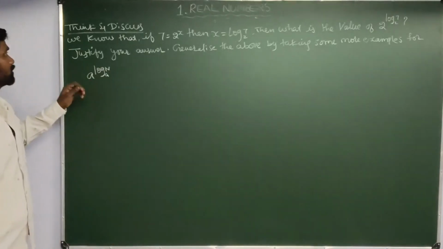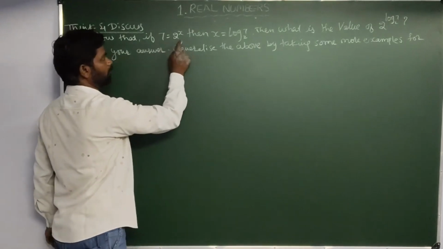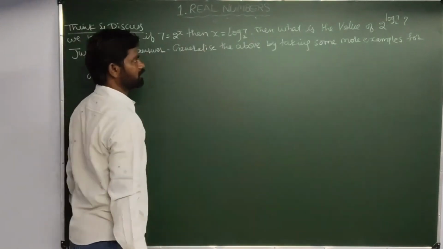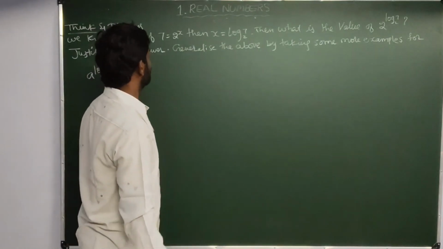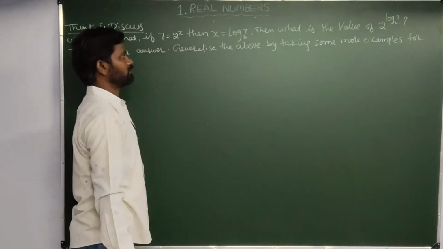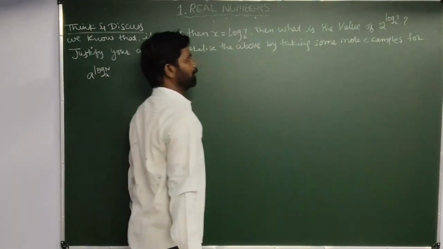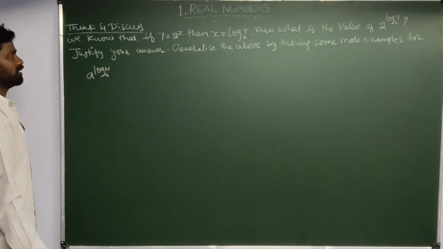Okay, next question. Think and discuss. We know that if 7 is equal to 2 power x, then x is equal to log 7 base 2. So by using the definition, if it is in exponential form, then we can write that in the logarithm form. Then what is the value of 2 power log 7 base 2? Justify your answer.